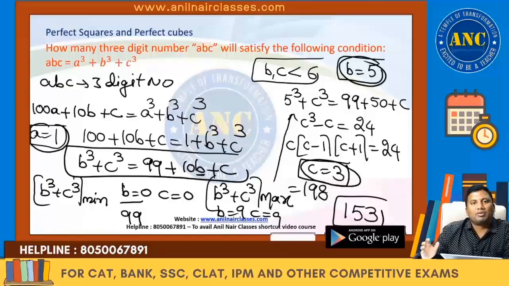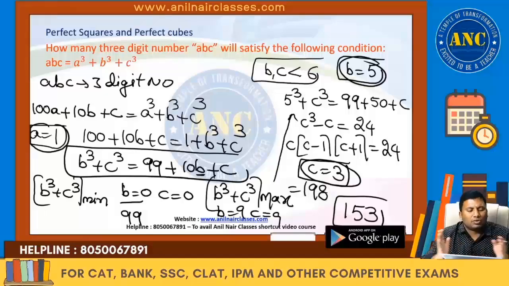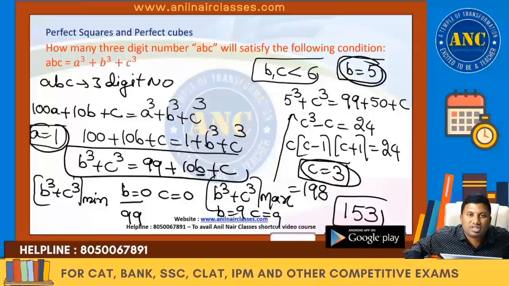Similarly, try it out for A value 2. Similarly, try it out for A value 3. Like that, you will get all the cases. There are 4 different values, which means there are 4 different equations that you have to do. The only thing you have to do is for A value 1, 2, 3, 4 and 5. I hope this is clear.